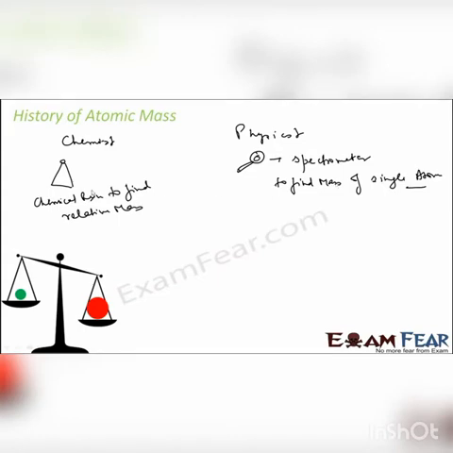Since chemists are looking only at reactions with oxygen, and oxygen has so many isotopes, right? 16, 17, 18. So they were ignoring the fact of different isotopes and just reacting with oxygen and trying to find the mass of other atoms. But physicists wanted a standard based on specific isotopes, right?